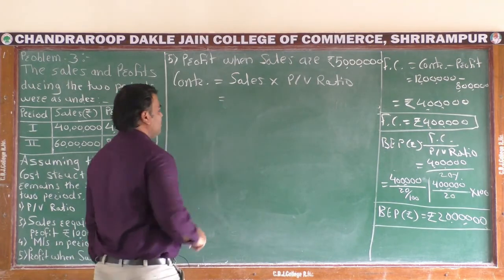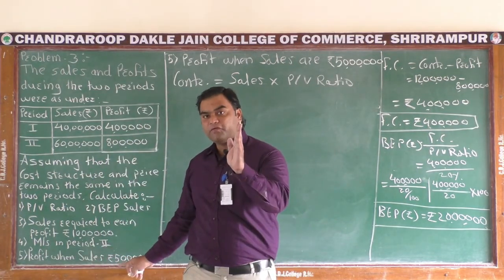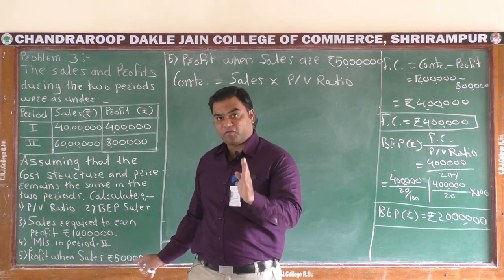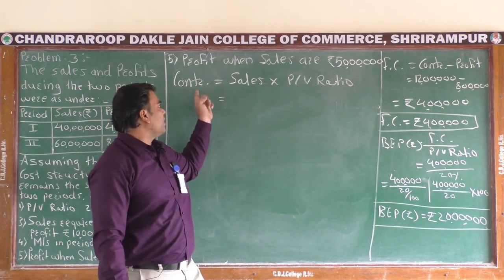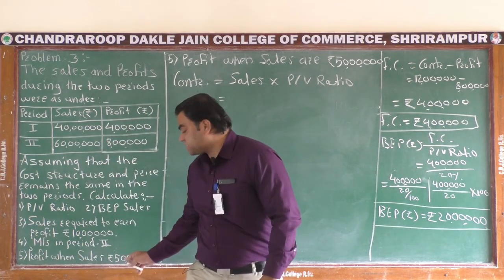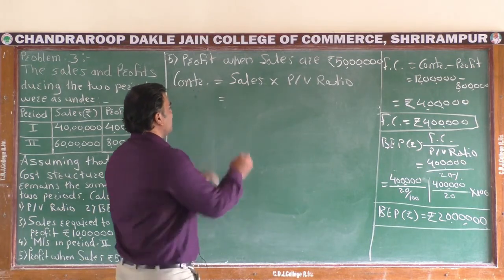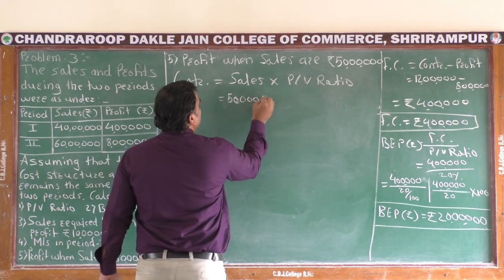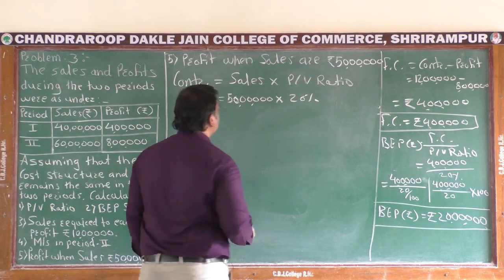So how much are the sales? We have to calculate profit when sales are 50 lakh. Now we are going to calculate what will be the amount of contribution when sales are 50 lakh. So 50 lakh sales into PV ratio, which is 20%.